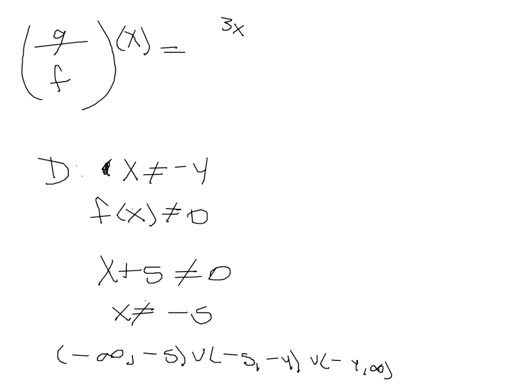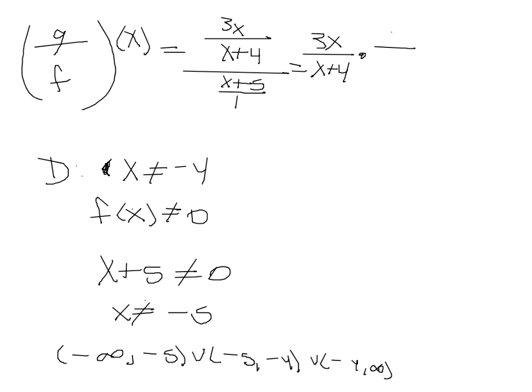And then to actually calculate f over g, keep in mind that x plus 5 is really x plus 5 over 1, so we take the top fraction and multiply by the reciprocal of the bottom.